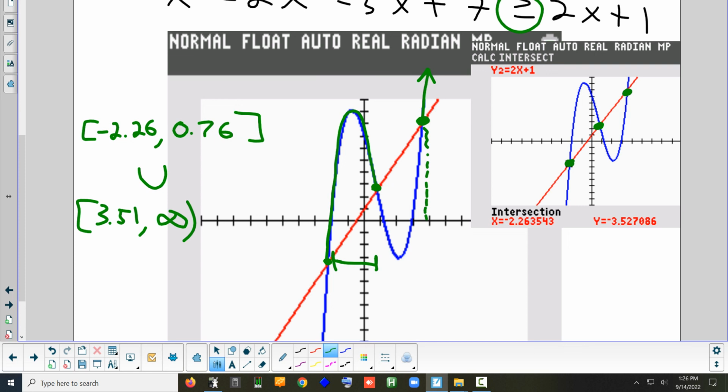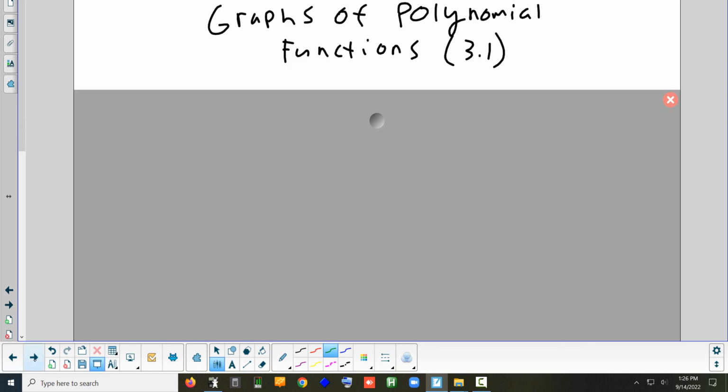It's below the line. So the key is you have to find the intersections each time. Any questions on that? All right. So that's 2.5.